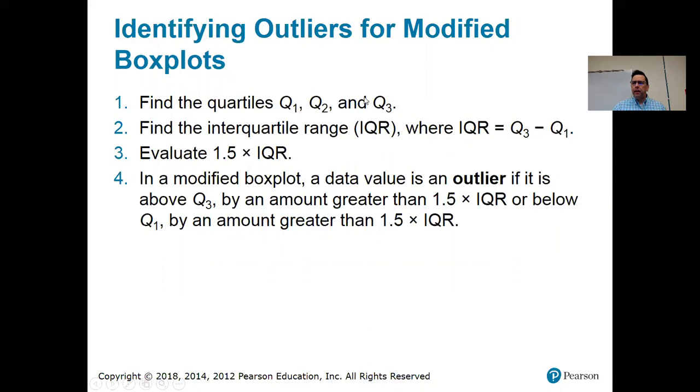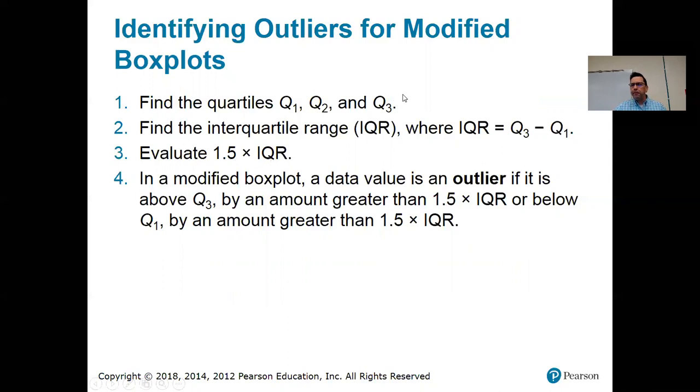The way that you identify these outliers is you calculate the interquartile range, also known as IQR, which is the third quartile minus the first quartile. What that is, it's the range of the middle 50% of the distribution. Okay? Then you calculate 1.5 times that number.